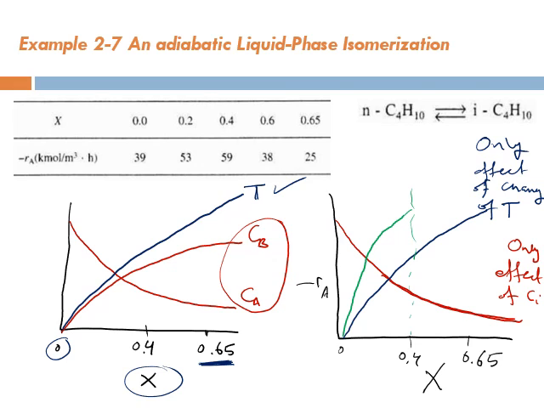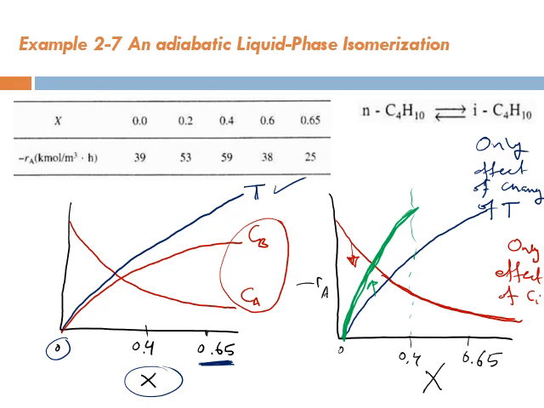The increase in temperature is pulling the rate of reaction up, while the change in concentration of A is pulling the rate of reaction down. But who wins? We said the temperature wins, and therefore it will increase the rate of reaction.